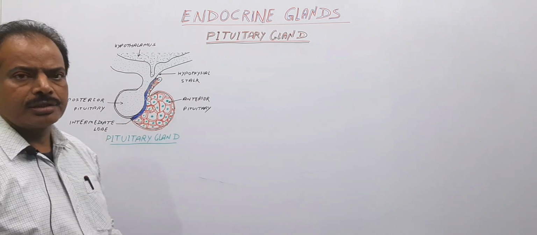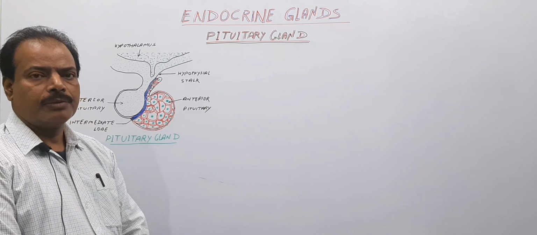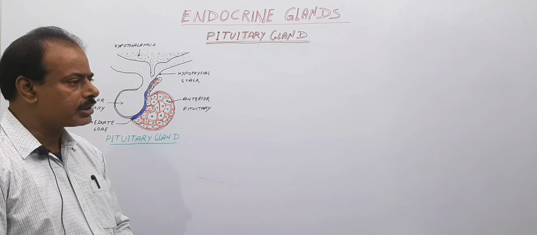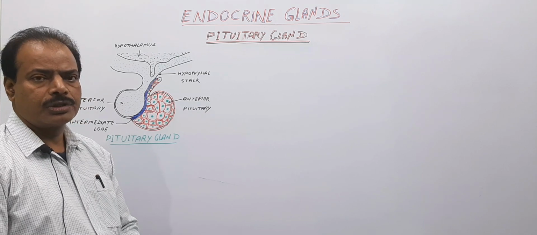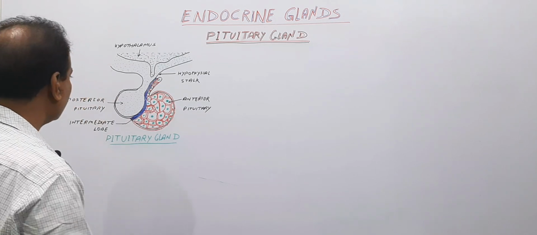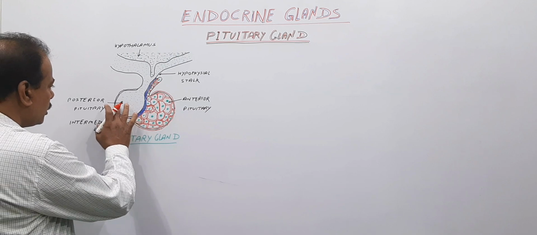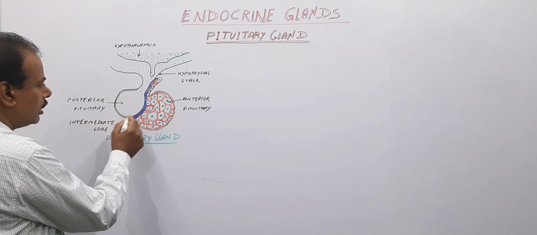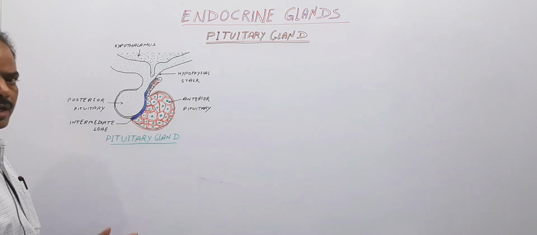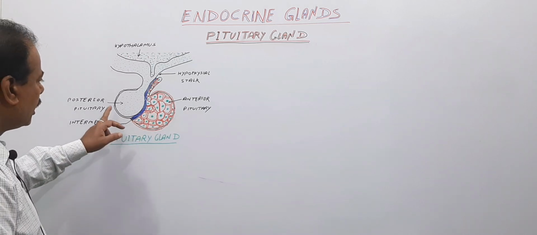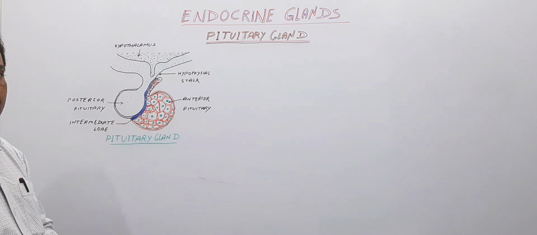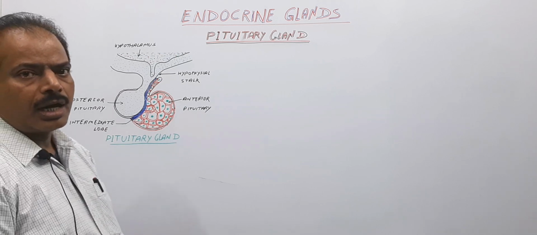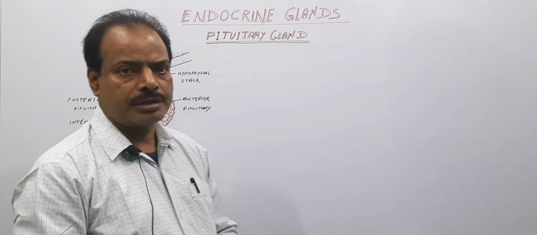It is underdeveloped in human beings, but it is fully developed in some small mammals such as sheep, goat, rabbit, etc. Now the third lobe, known as the posterior lobe, is smaller in size than the anterior pituitary and it secretes two hormones only, and these are oxytocin and ADH or antidiuretic hormone.